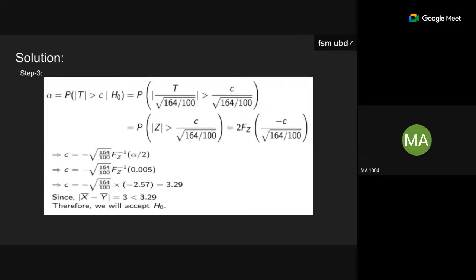The test says reject H naught if your test statistic is greater than the critical value, or in other words, you accept the null if your test statistic value is less than the critical value. We got the critical value, which is 3.29, and the test statistic value, which is 3. So 3 is less than 3.29, therefore we will accept the null. That's it.